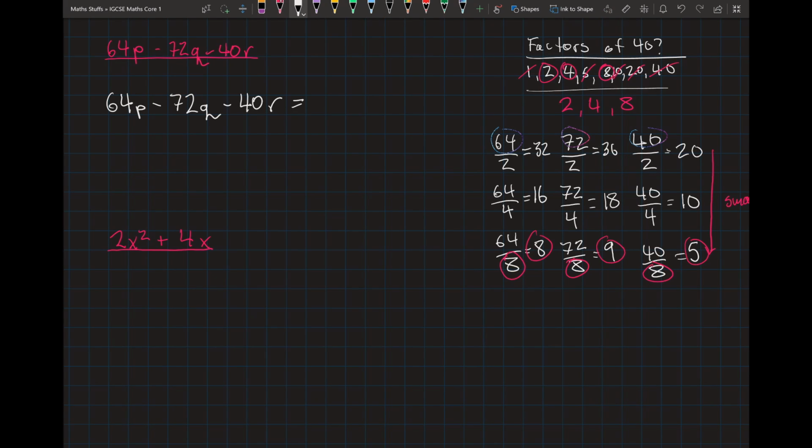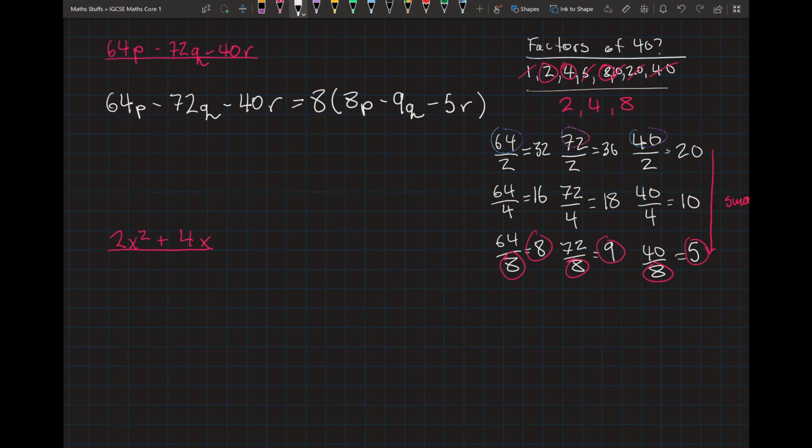Alright, so if we're deciding to pull out an 8, that means we're going to do 8 times this equation, right? We divide the whole thing by 8, which means we have to multiply by 8 on the outside. So 64 over 8 is 8. That gives us 8p. Minus 72 divided by 8 is 9q. Minus 40 divided by 8 is going to give us 5r.